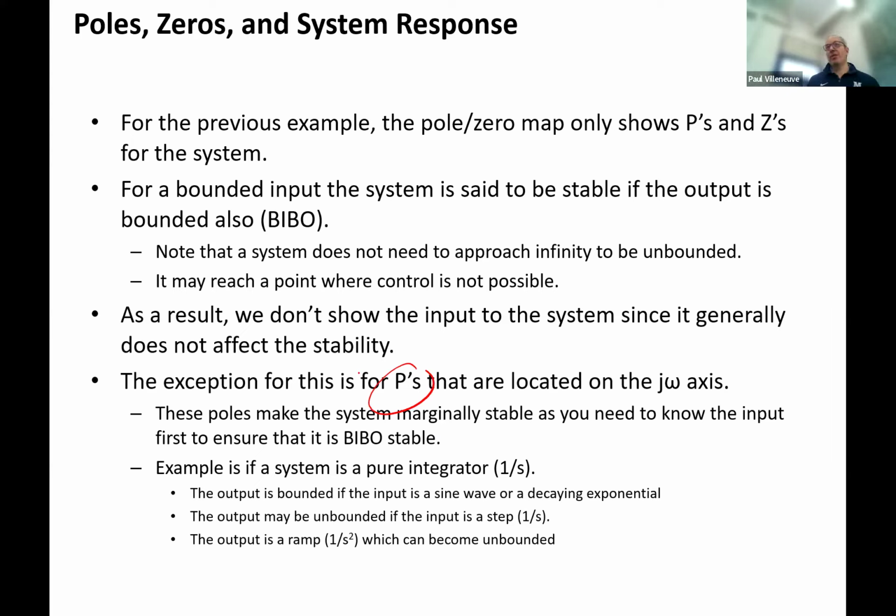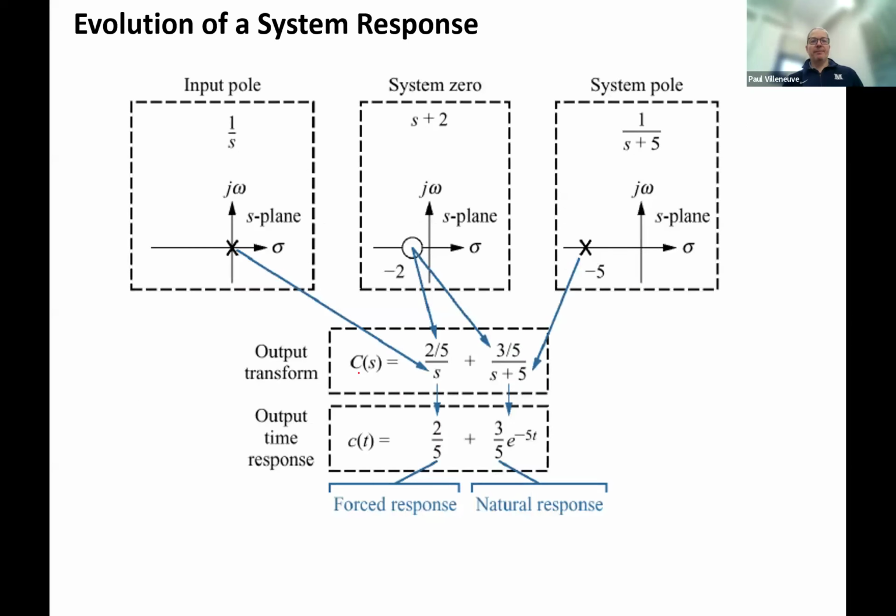Remember, a pole at s equal to 0 is a pure integrator, and a pair of poles on the j omega axis is one where you're going to have a natural frequency. So when you excite something at a natural frequency, you get a sine wave that eventually gets bigger and bigger and bigger. That's the crystal oscillator discussion that we talked about. So those are our concepts there.